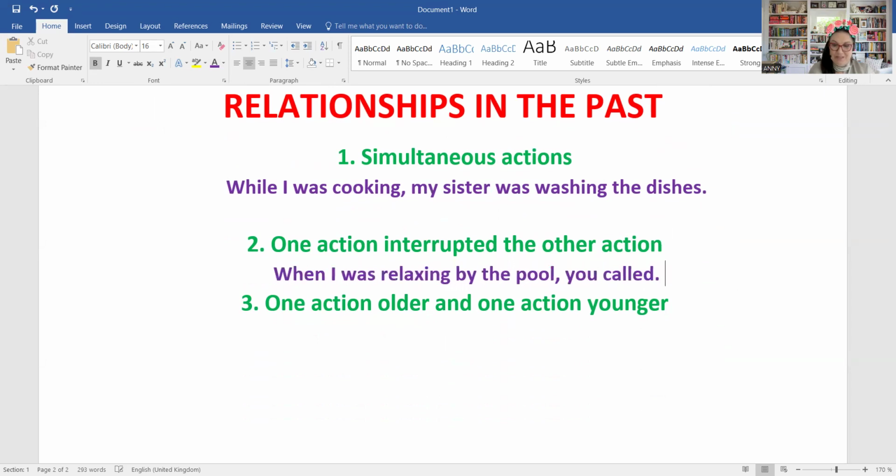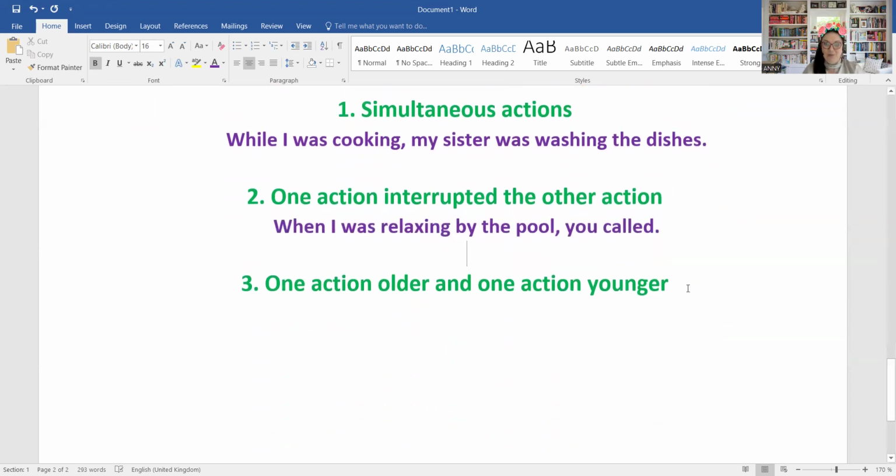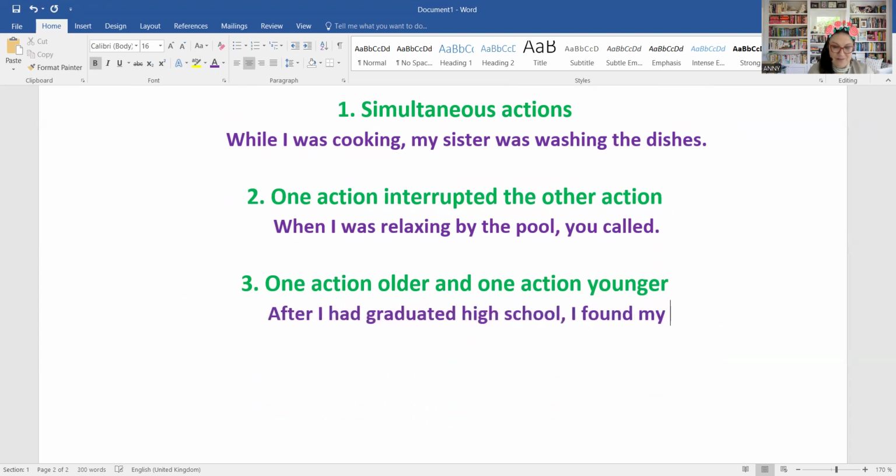And the last one is one action is older and one action is younger. For example, after I had graduated high school, I found my first job.